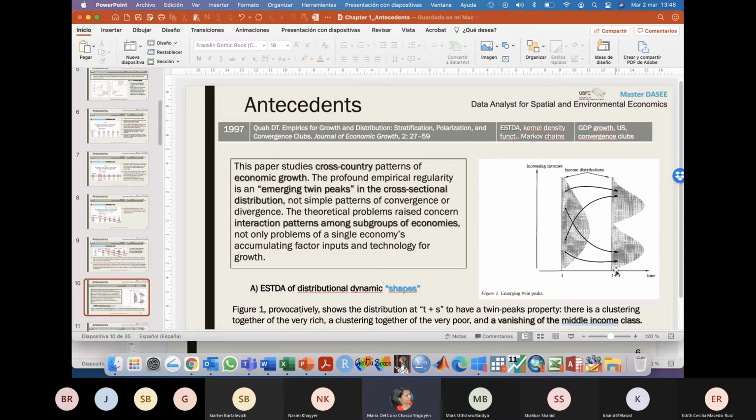And this figure, as I said, provocatively shows the distribution at a future period of t plus s with this twin peaks property, with two clusters of the very rich countries and the very poor, and a kind of vanishing of the middle income class. So no middle income class at all. This is the main conclusion that he reached with this paper.